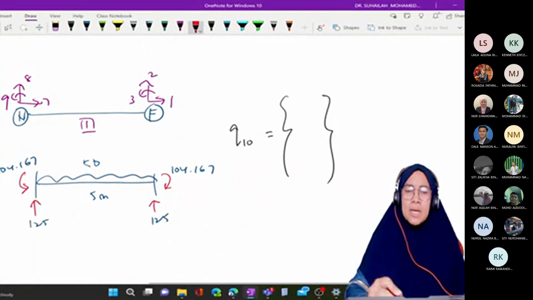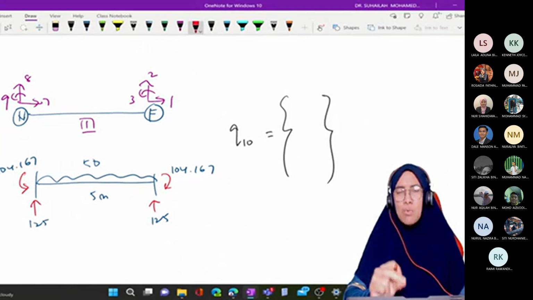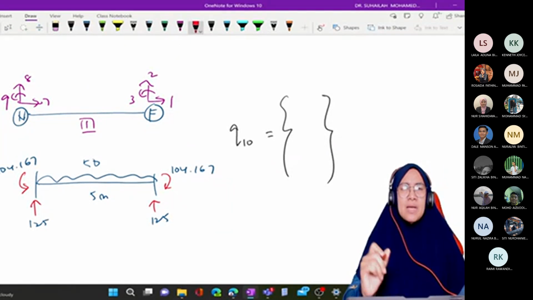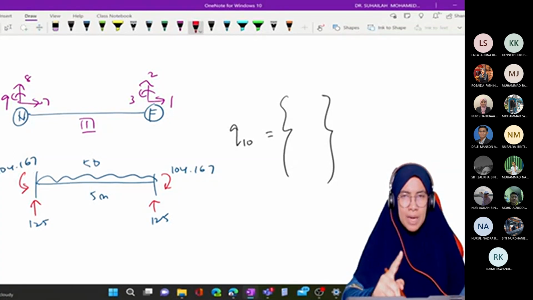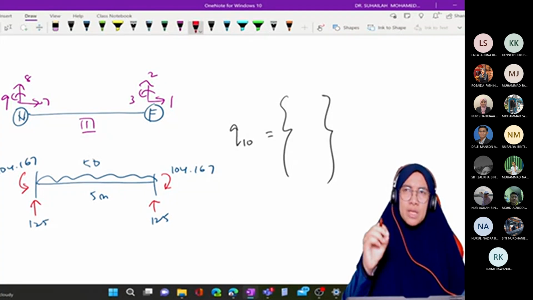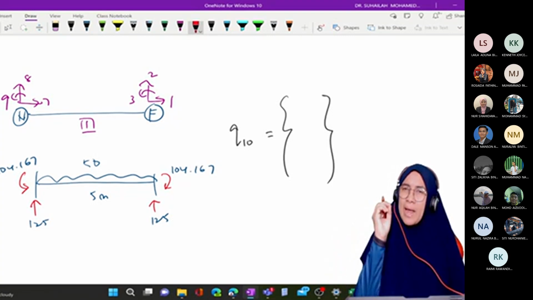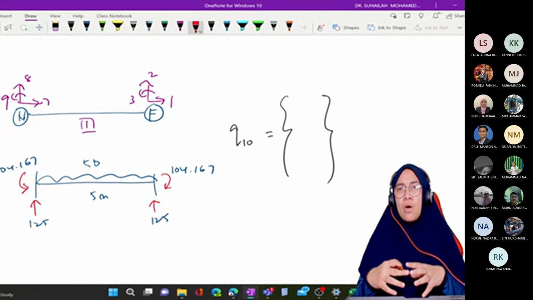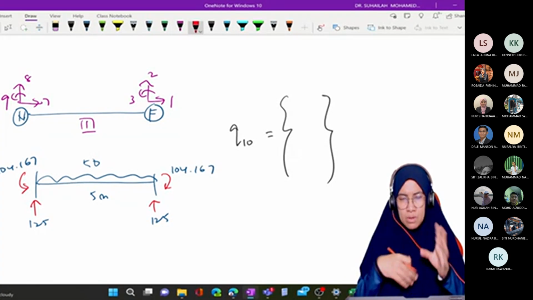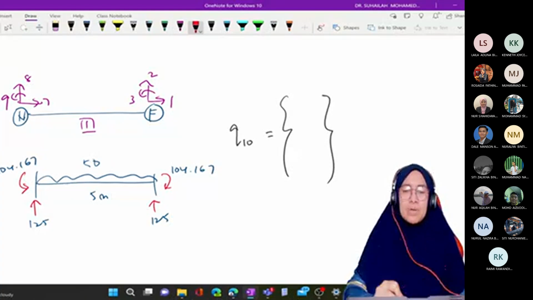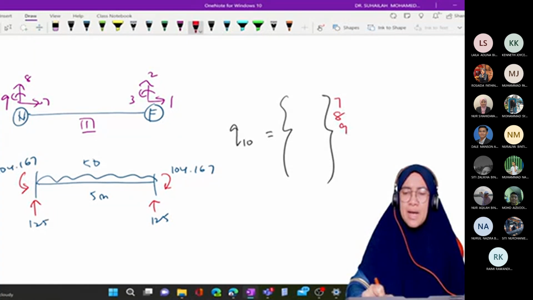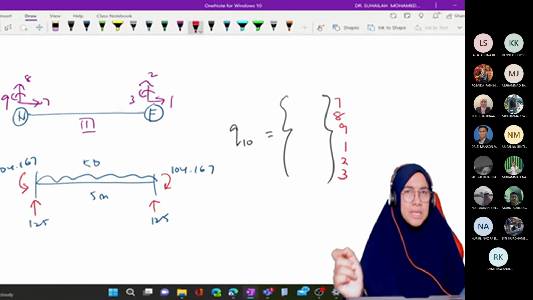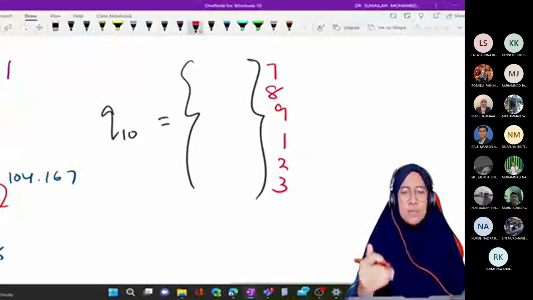We label Q1 naught. This is the equivalent element nodal force for element number 1. So Q naught is for equivalent nodal forces. Q small for element, Q capital for overall combination. 1 is for element number 1. The label is 7, 8, 9, 1, 2, 3.